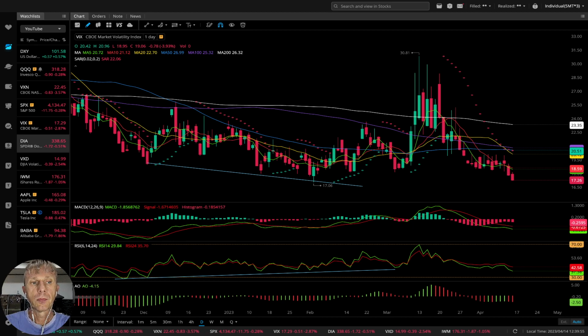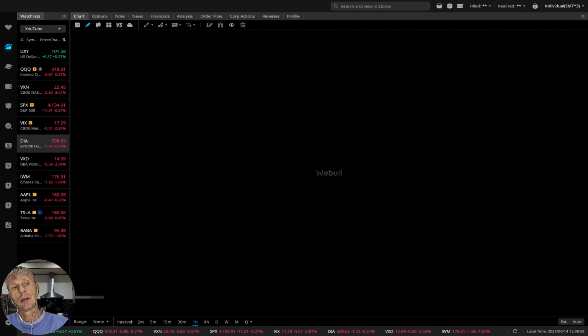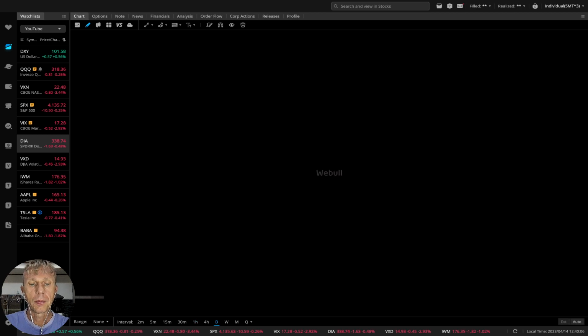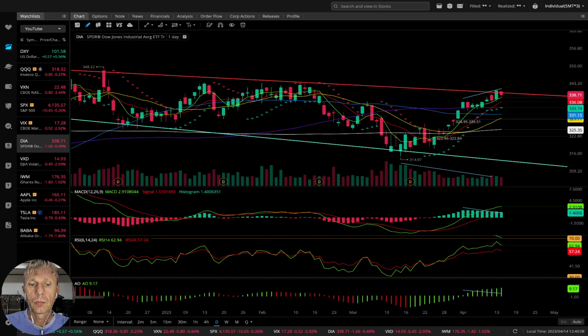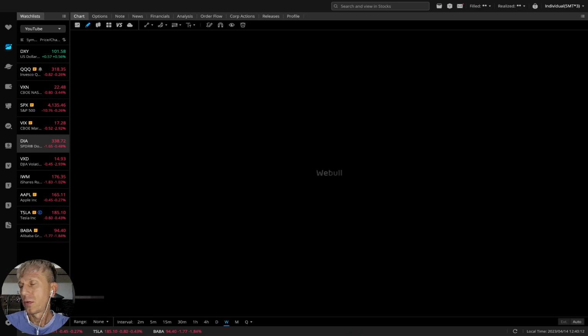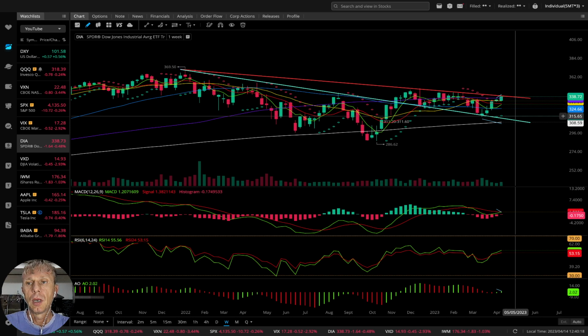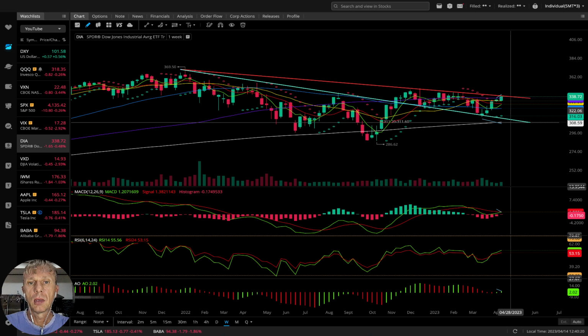Dow Jones, DIA. Dow Jones, let's see, daily time frame. Let's start from daily. Similar story, right? Weekly time frame. Look at it on weekly time frame. It's the same trend, same pattern, same upper level and lower level major trend lines started 14 months ago.